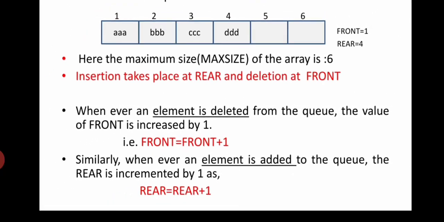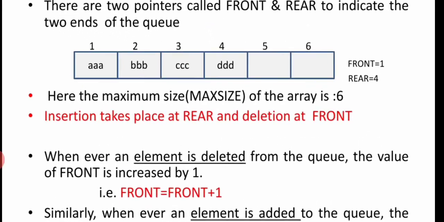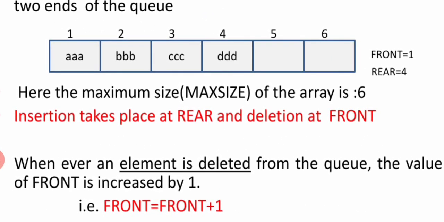Similarly, in the case of the insertion process, whenever an element is added into the queue, the rear is incremented by 1. In this example, the value of the rear is 4.